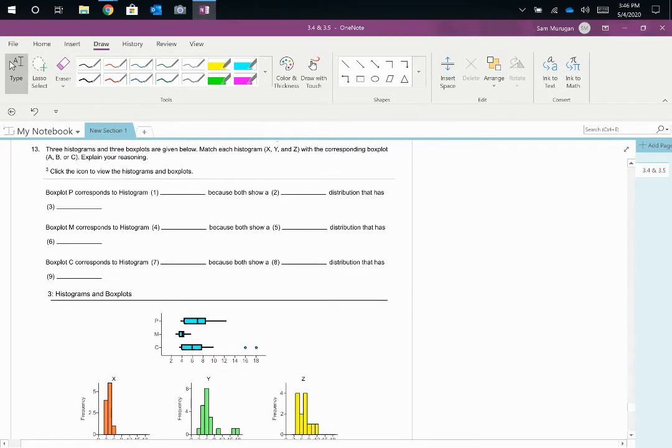Similar question to match each histogram with the correct box plot. So let's see what we can do here. Box plot P corresponds to histogram.